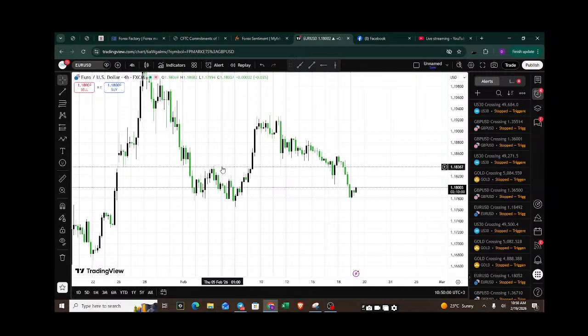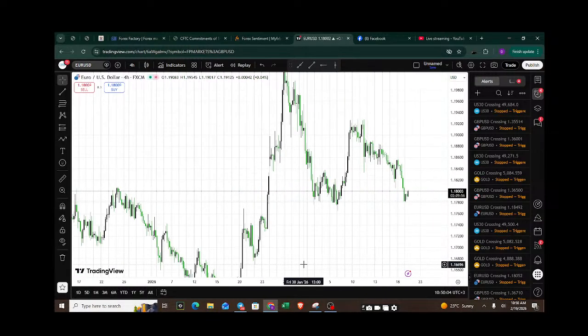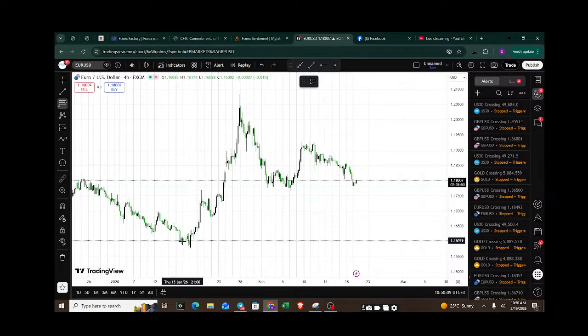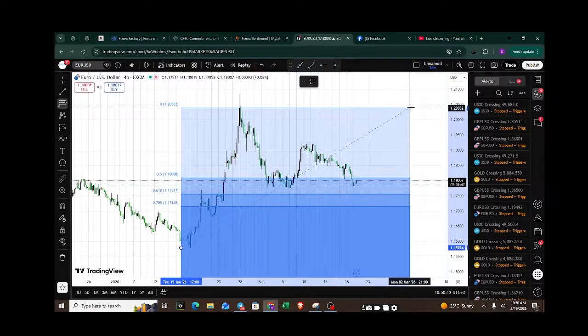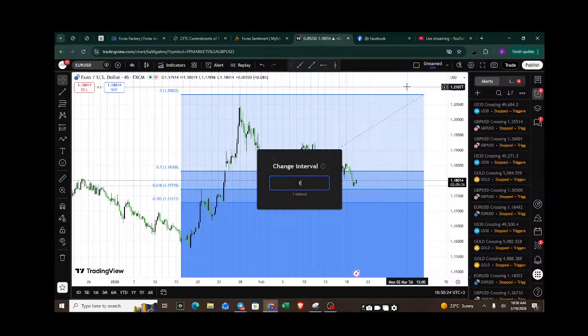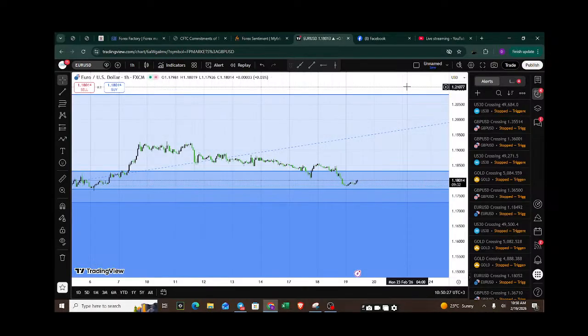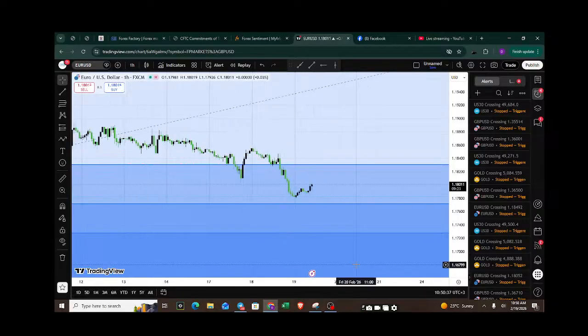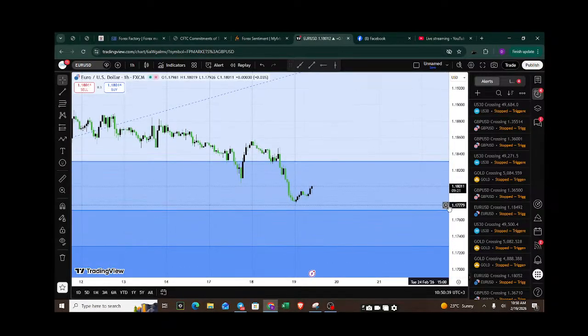So we also have Euro USD here. Euro USD still has a distance to cover before we get to the monthly sweet spot.